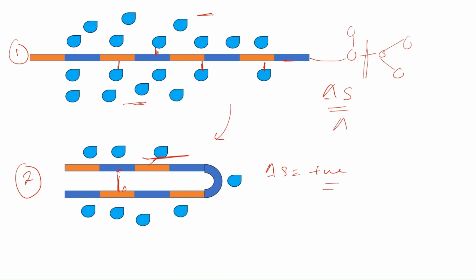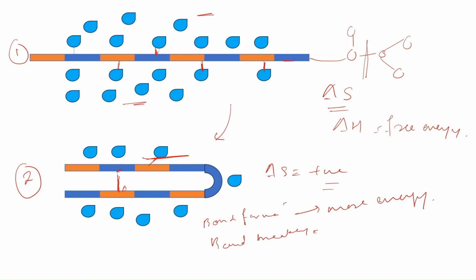Come to the enthalpy, the first law of thermodynamics. What is enthalpy? The free energy content, or the energy content. Now, here the bond formation and bond breakage is also happening. In the folded state also, bond formation and bond breakage both are happening. More energy is released to form a bond than required to break a bond.